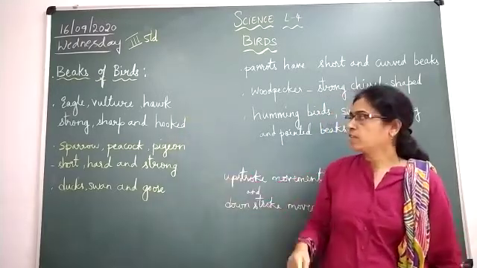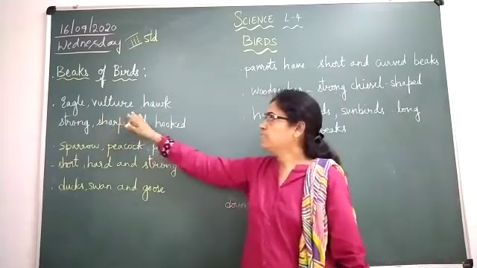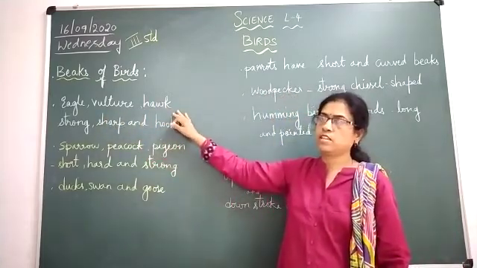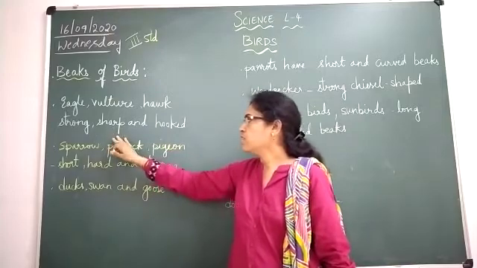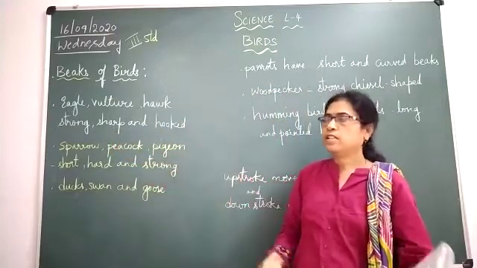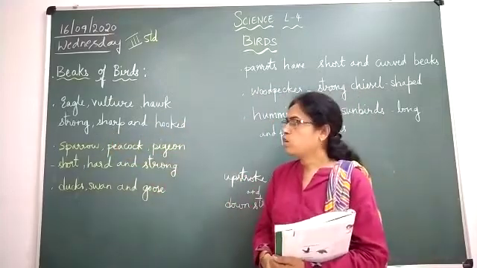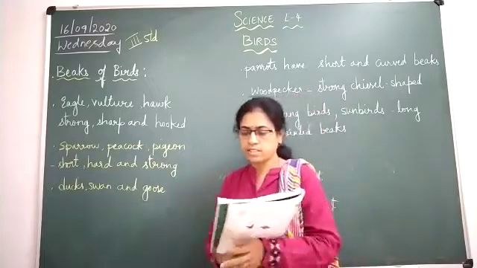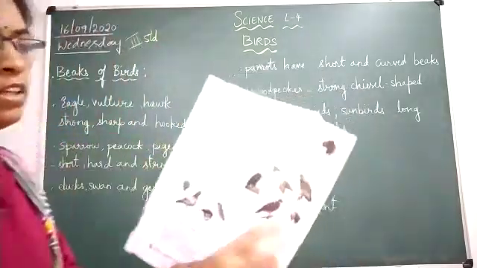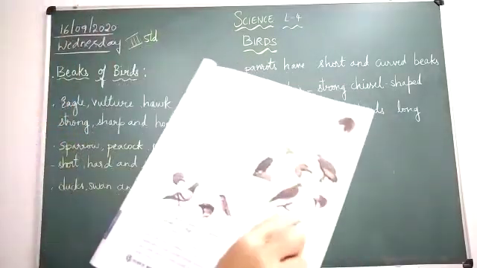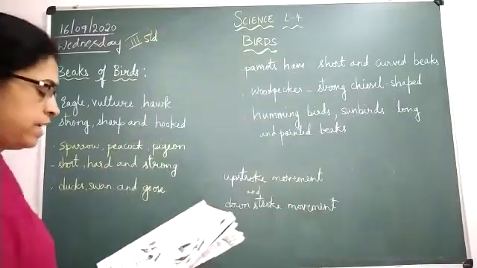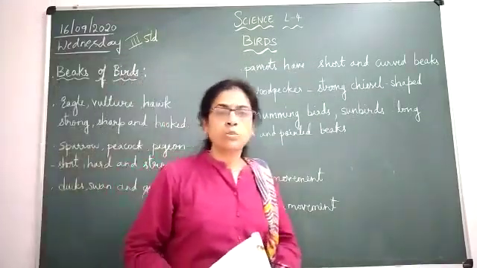Okay children, let me start with the eagle, vulture and hawk. Eagle, vulture and hawk have strong, sharp and hooked beaks. You can see in the picture here. They use their beaks to take the flesh of small animals like mice and squirrels.